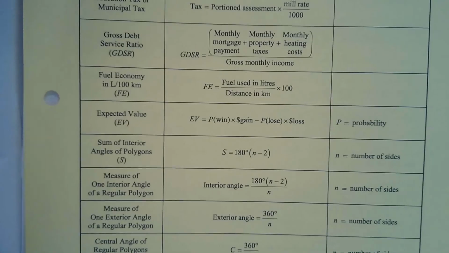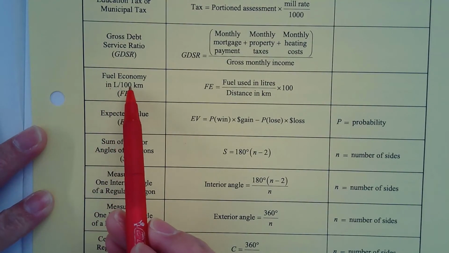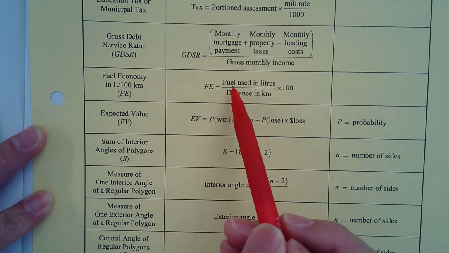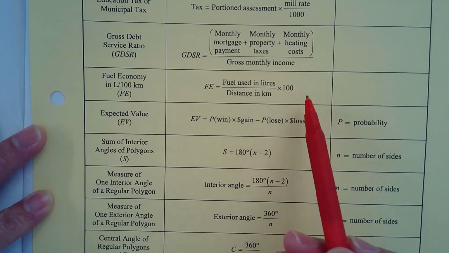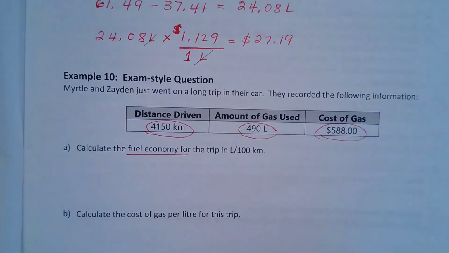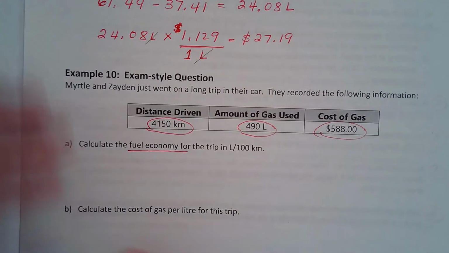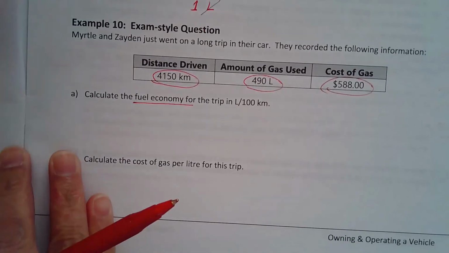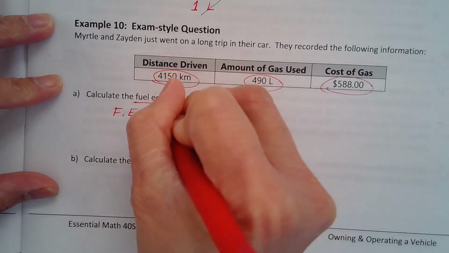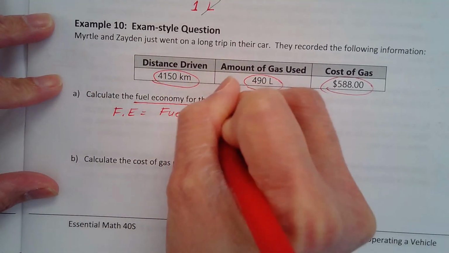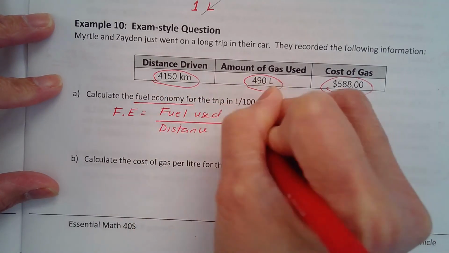Your fuel economy in liters per 100 kilometers is fuel used divided by distance times 100. So do we have a fuel used? We're going to do the fuel economy first: fuel used divided by distance times 100.